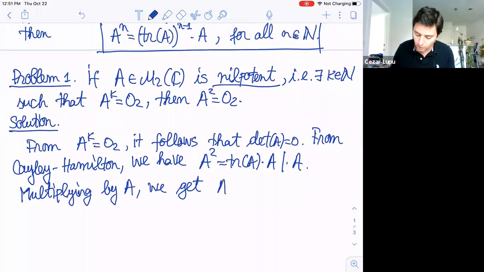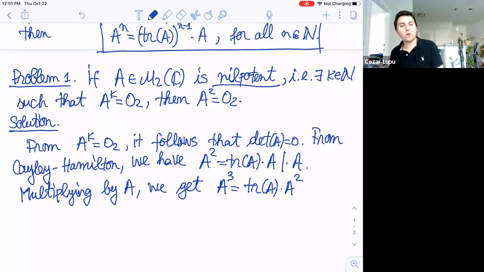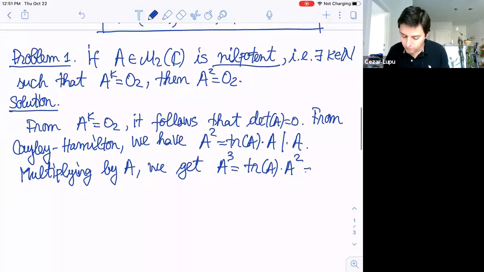So we get A cubed equals trace of A times A squared. But we know that A squared is trace of A times A, which will give us trace of A times trace of A, which is trace squared of A times A.